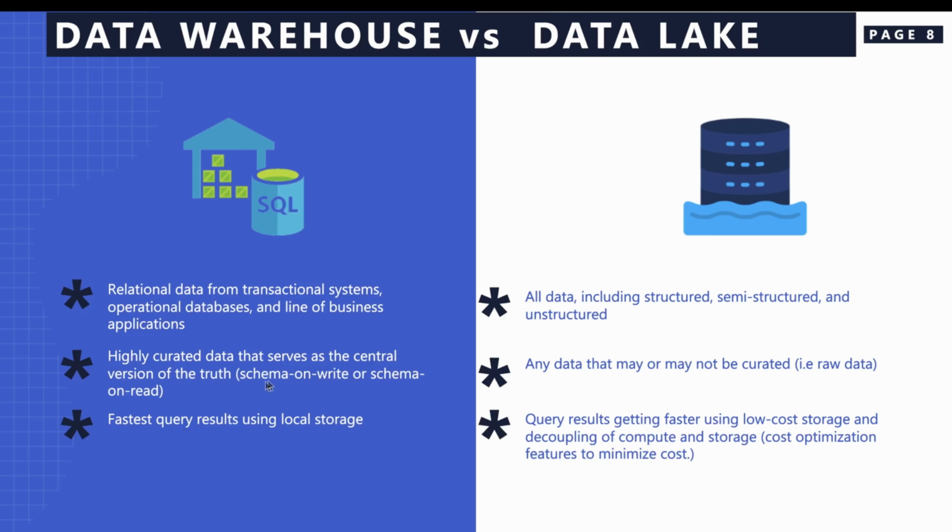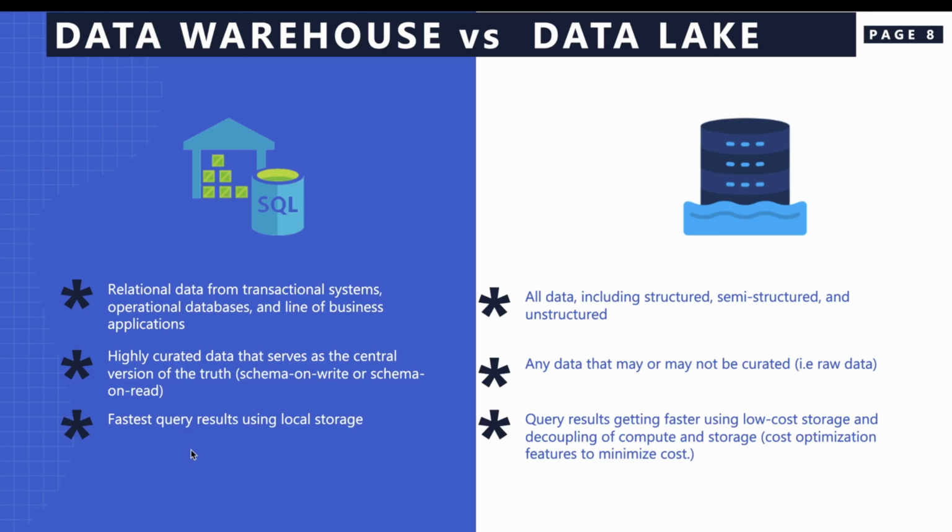Before writing data we have to define the schema, and only then can we access the data. So this data is highly curated, and the schema is predefined. In a data lake, data may or may not be curated, and any type of raw data can be stored.